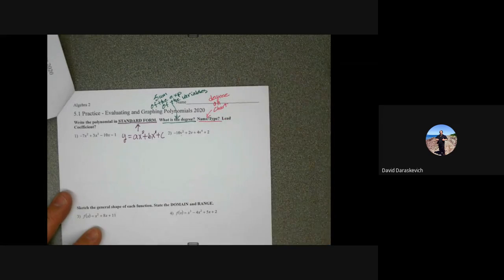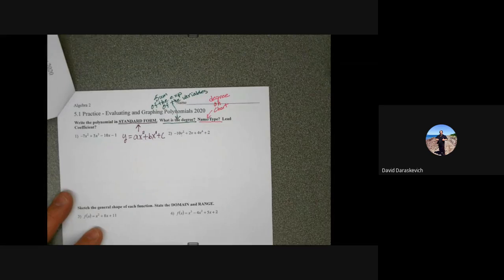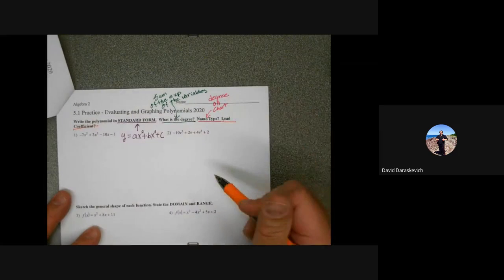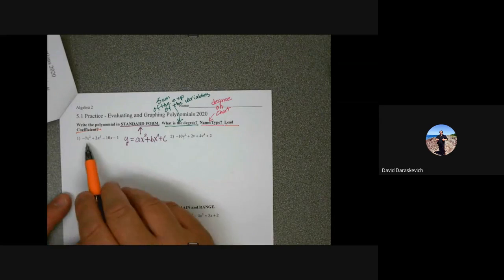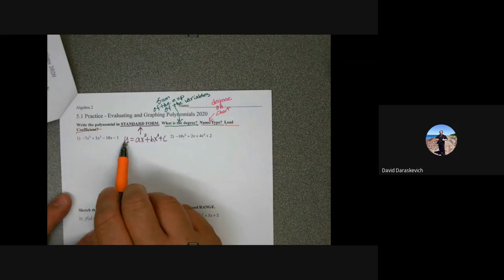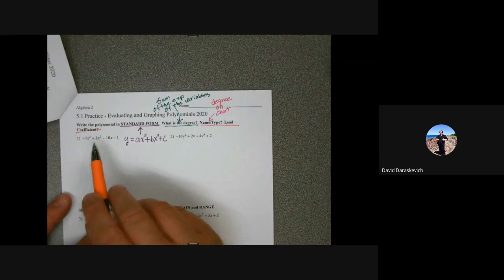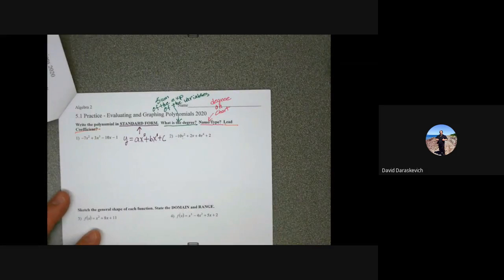Okay, and then the lead coefficient. Now, the coefficient is the number being multiplied to the variable. So for the lead coefficient, first put it in standard form so that you don't mess up. Let's go ahead and do number 2.